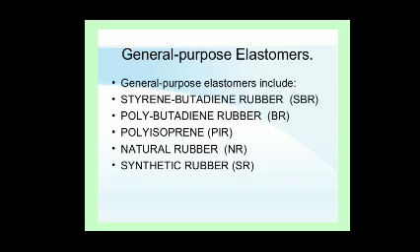General purpose elastomers: styrene butadiene rubber, polybutadiene rubber, polyisoprene rubber, natural rubber, synthetic rubber.